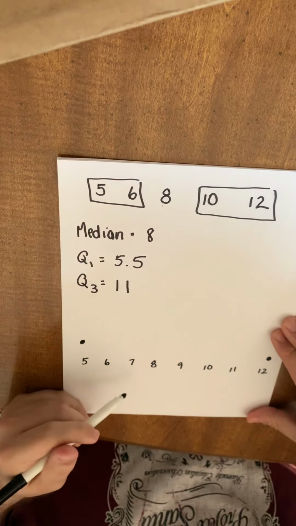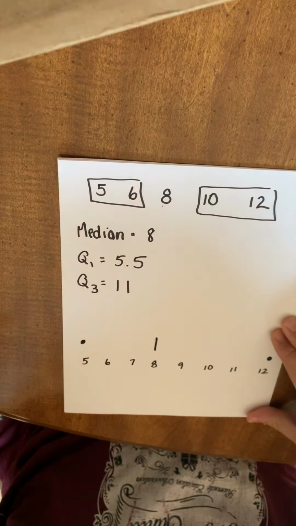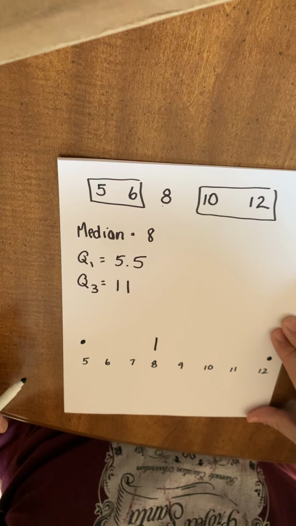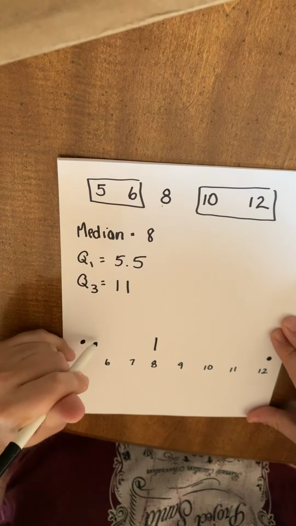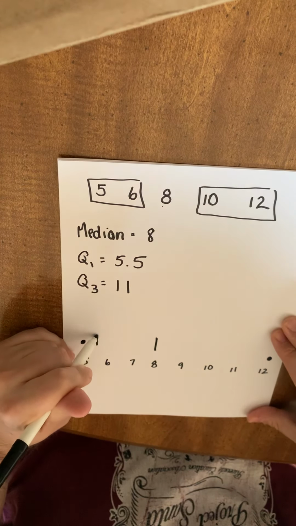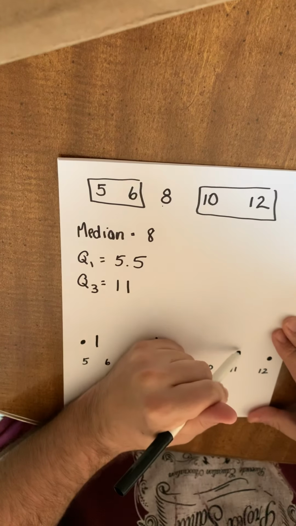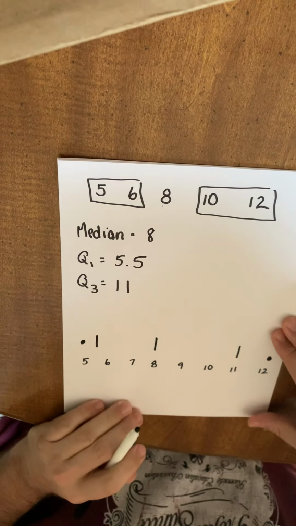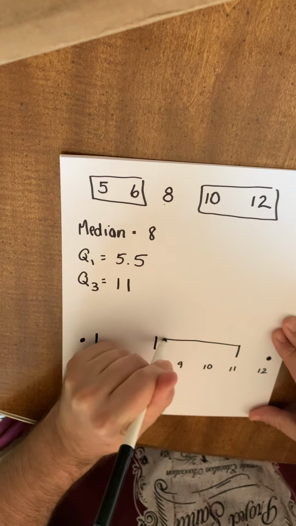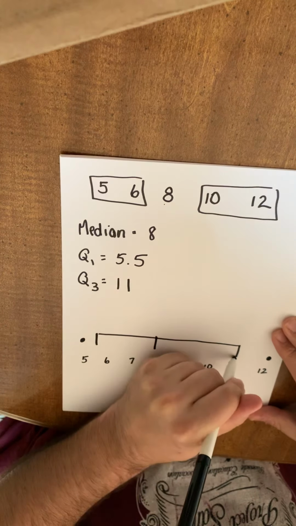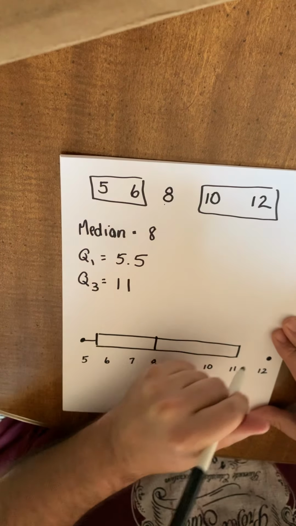My median was 8, so that's going to be a line straight up and down. Our Q1 is going to be 5.5, between the 5 and the 6, right there. And our Q3 is going to be 11, so we're going to have another line right there. So now we have enough to make our box and our whiskers.